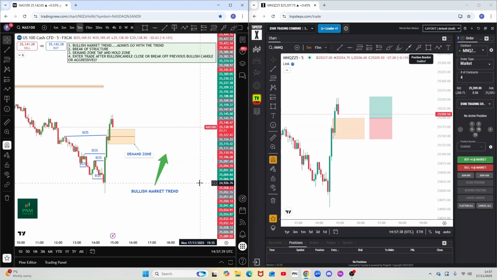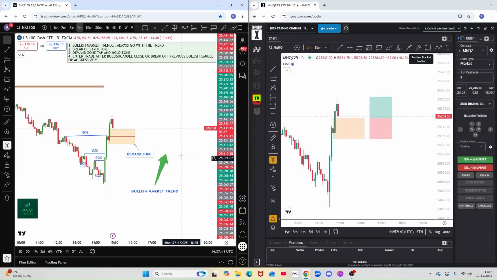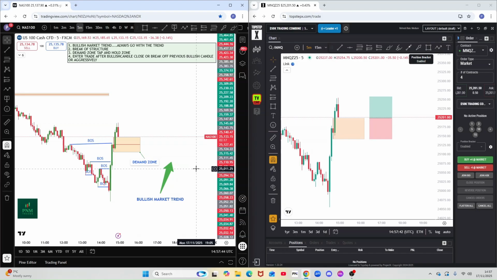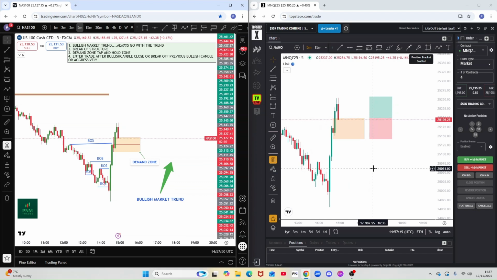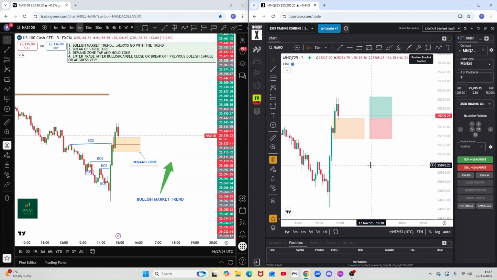Let's see. We're about to get a tap. There is the tap. So now let's see. We still have 2 minutes to decide. See if price will keep coming down or not. Let's see how the candle reacts.